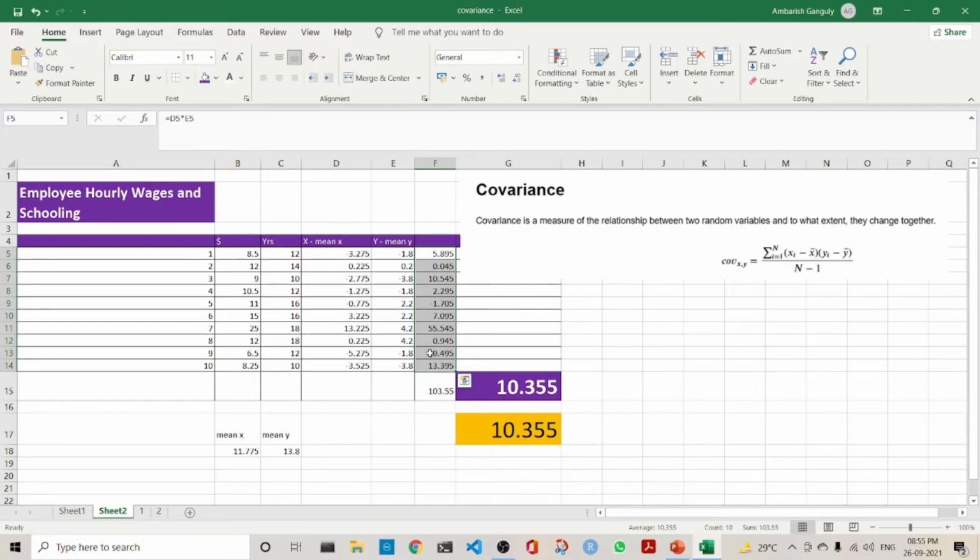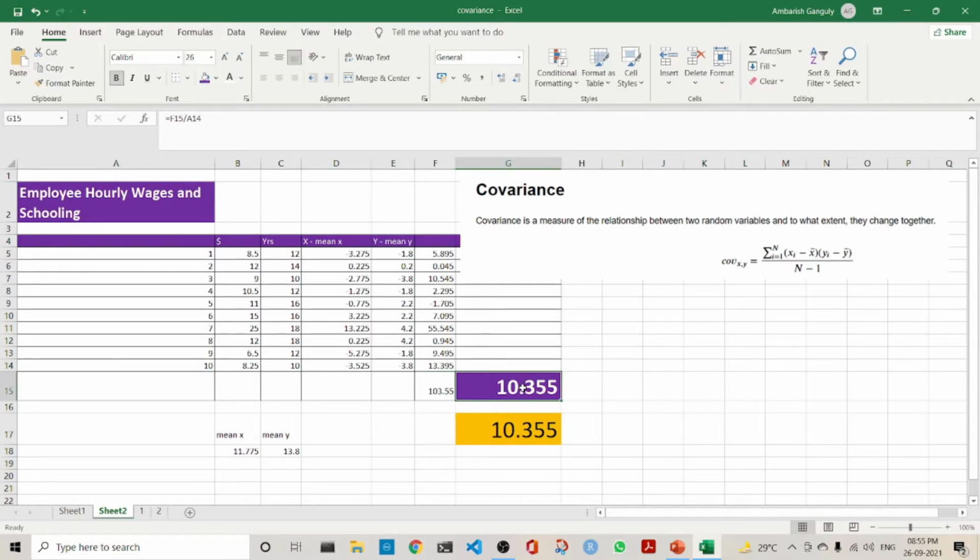After we get this value, then we sum it up and then we get this value, which is 103.55. Now, for the covariance to be calculated, we divide it by n minus 1. But here, since it is a population, we divide it by n, which is 10.